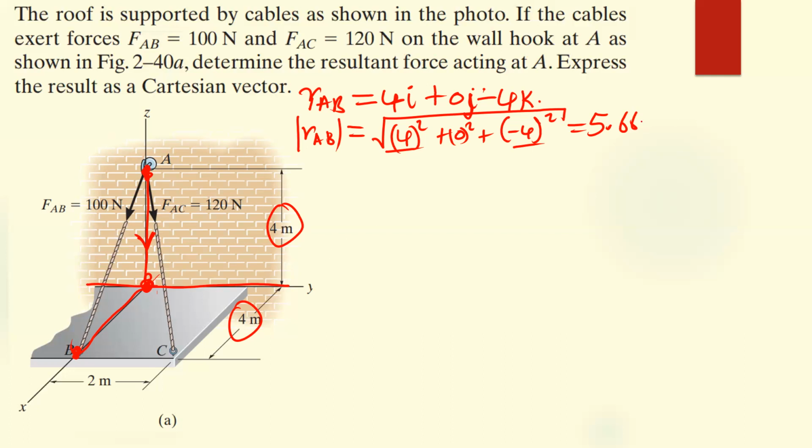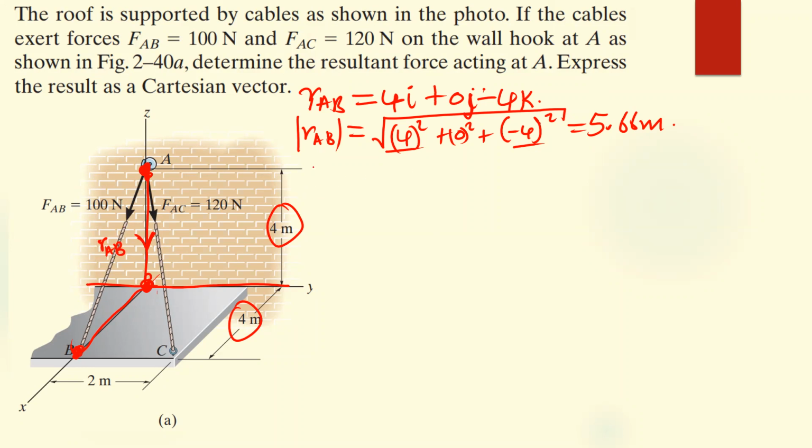We're using meters. This is the magnitude, or the length, of the cable AB. So we have found RAB, and we've also found its magnitude, which is 5.66.